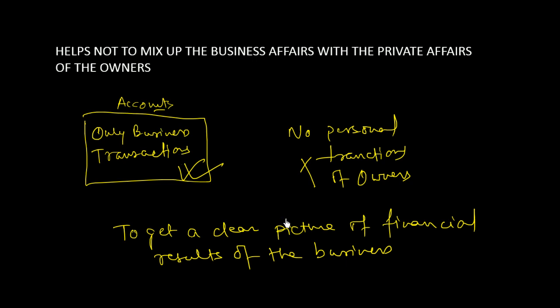Will that figure of profit be a genuine one? No, because it will include a personal profit of the owner which is not related to the business. So to get a clear picture of the financial results, that is profit or loss, and how the business is performing, the accountant needs to record only the transactions of the business, and he should not mix up the personal and private transactions of the owner with the transactions of the business.